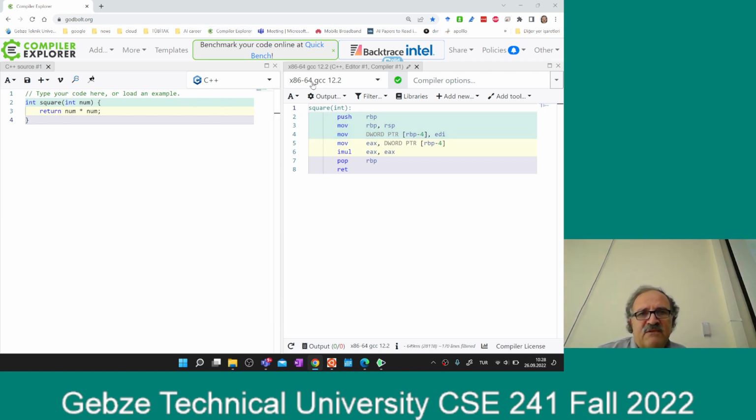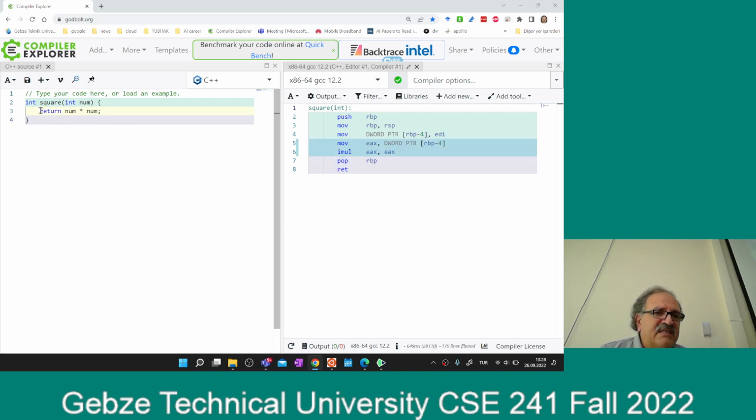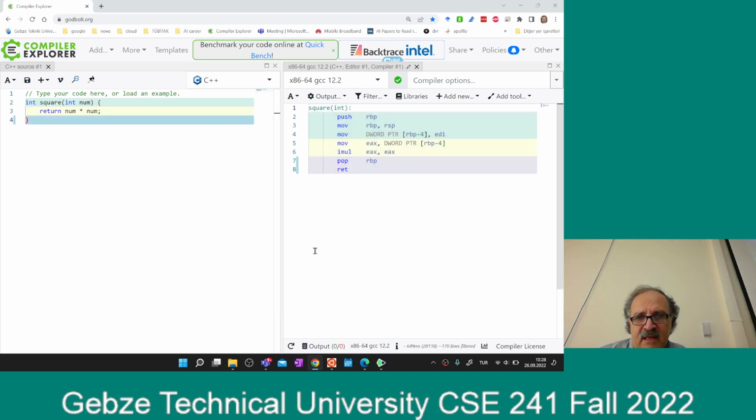Okay, this one again uses Intel architecture, and this is, for example, my simple program. It just takes an integer and returns the square of it. And here you see integer multiplication. It multiplies the register by itself.